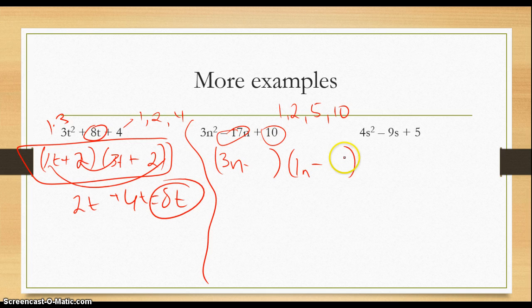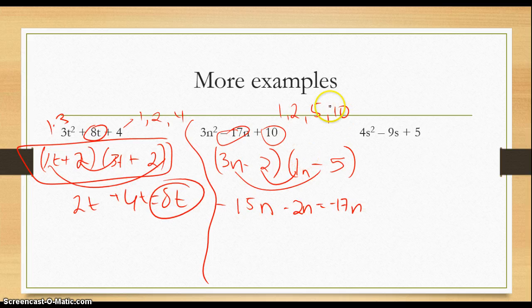So I can plug in 5, 2. Let's try it. Negative 15n, negative 2n. Gives me my negative 17n. Sometimes you could just guess. I knew it was going to be 2 or 5 probably, because 10 and 1 would not give me the negative 17. So guess and check, plug numbers in, just to see what you get in the end.